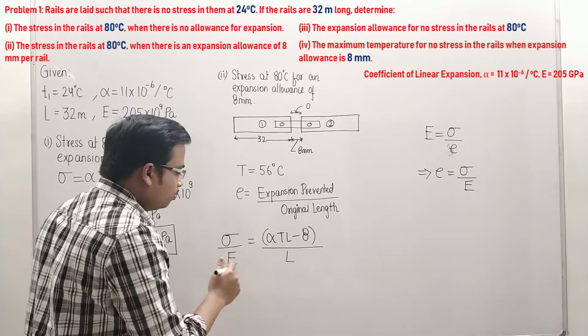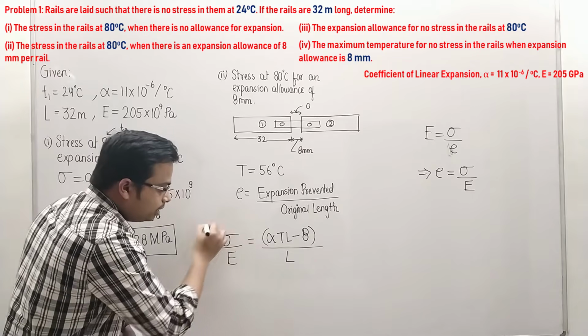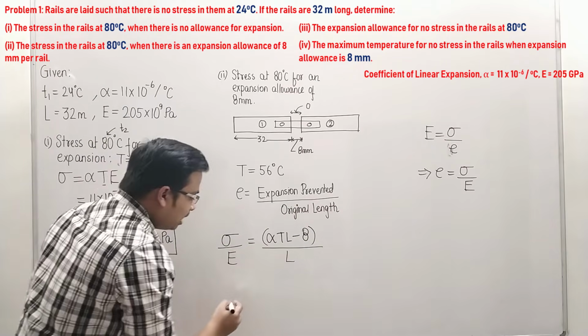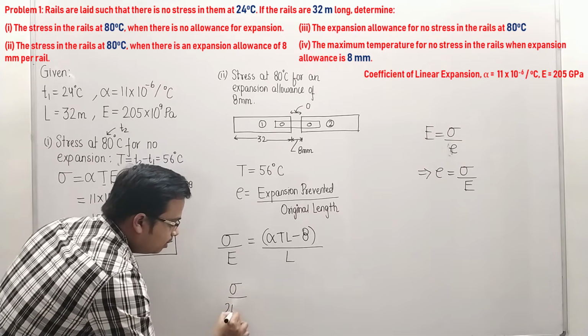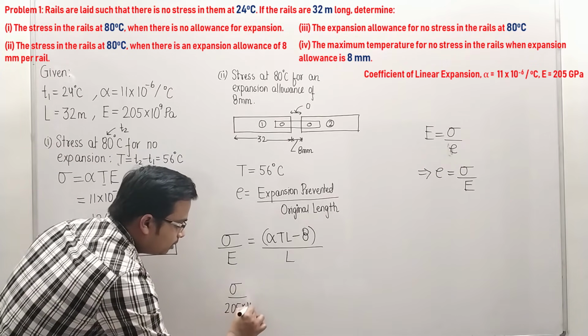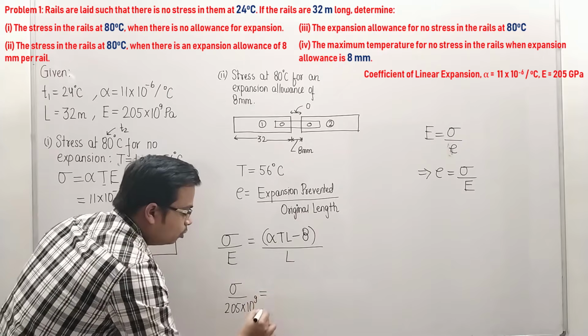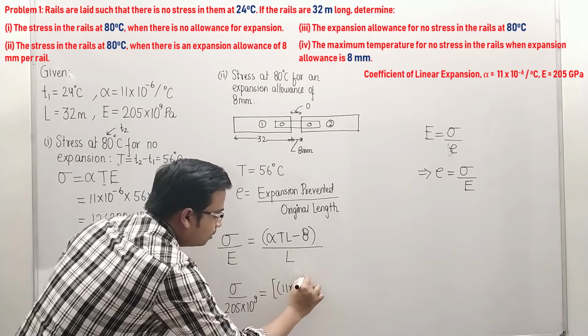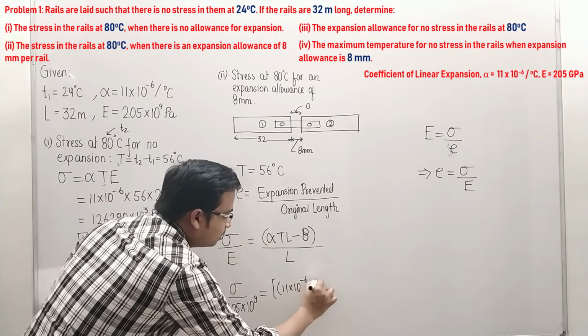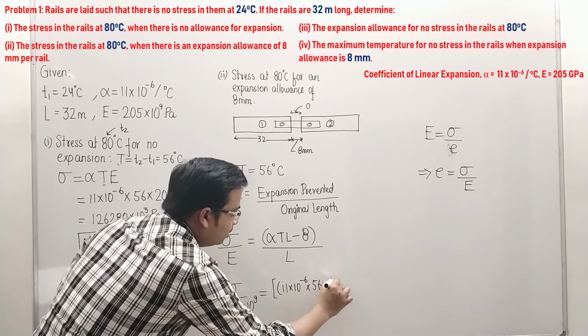So, if I were to tell you, get me the value of thermal stress, you can use this formula. How can that be done? Well, this is going to be very simple. Sigma over E, with E being 205 into 10 raised to 9, is equal to, be very careful in putting up the values, alpha is 11 into 10 raised to minus 6 multiplied by T is 56, length is how much? That is 32.